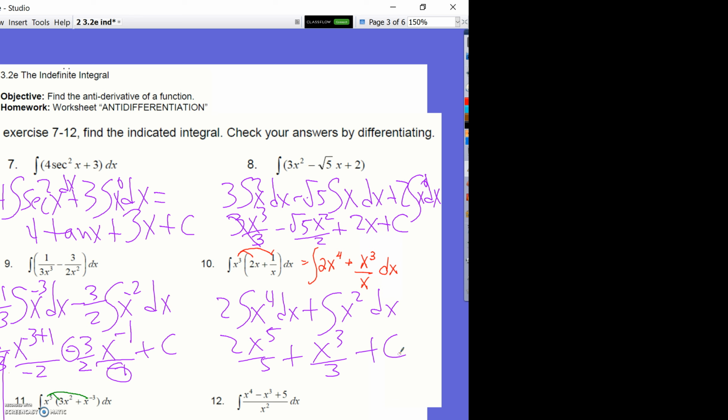Again, with number 11, you're going to distribute the x to the 5th. Now you're going to do the antiderivative, 3x to the 7th dx plus the antiderivative of x squared dx. 3x to the 8th over 8 plus x cubed over 3 plus c.